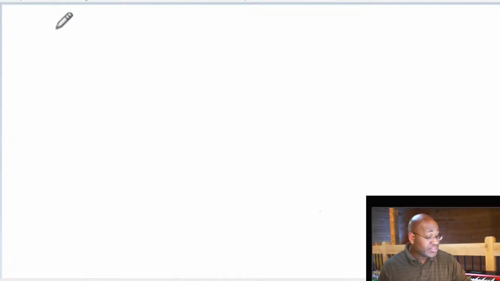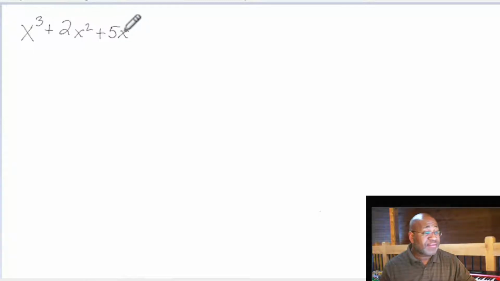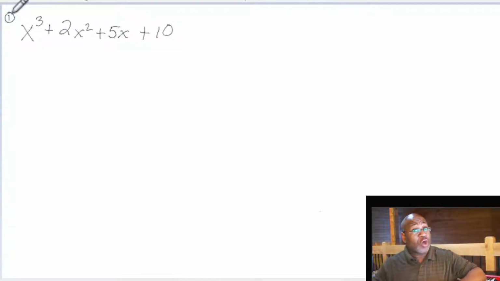For our first example, we're going to look at x cubed plus 2x squared plus 5x plus 10. Now, in this problem, we can see there's no common factor among the 4 terms that we can extract out of all 4. So no greatest common factor.